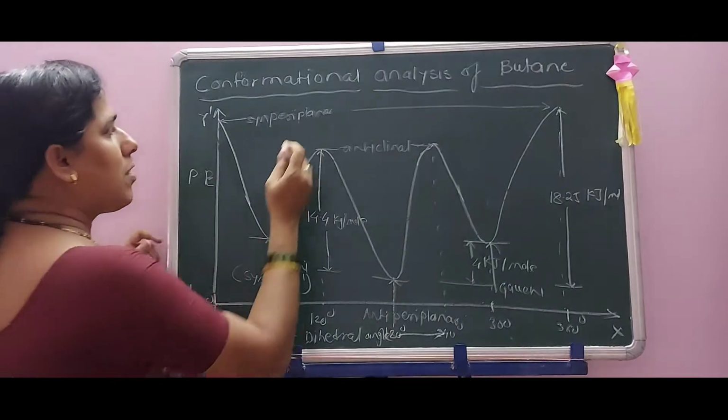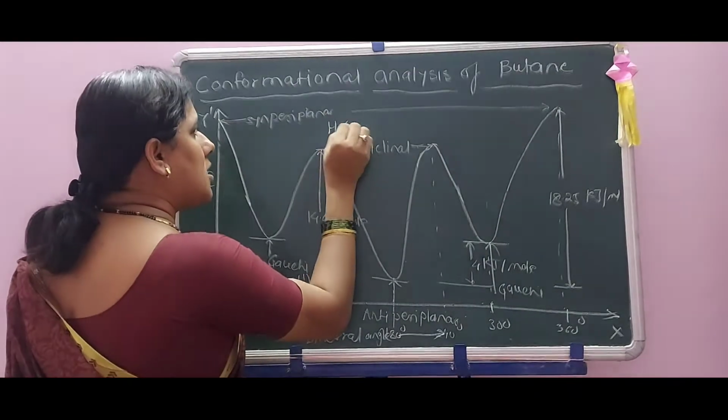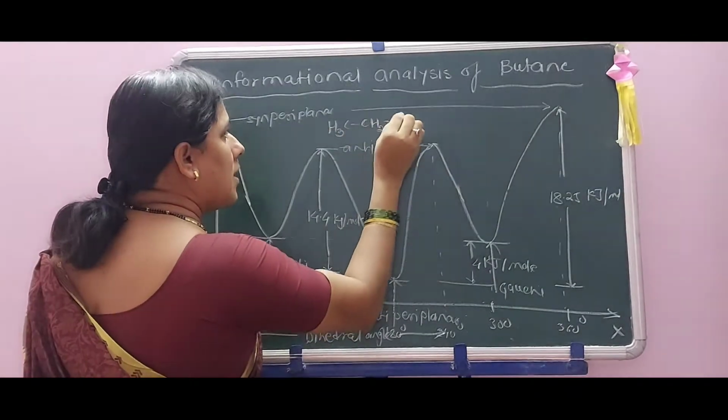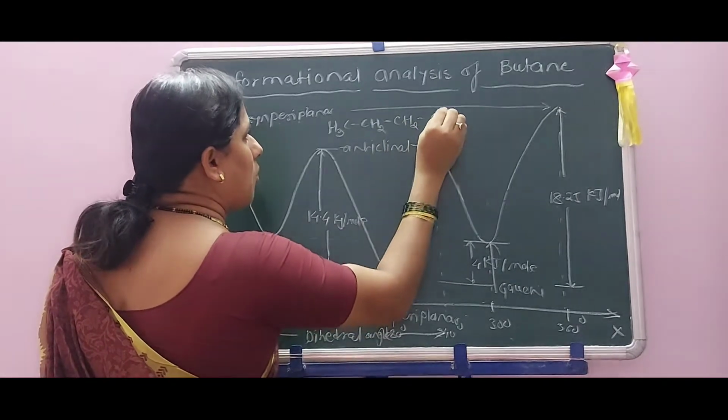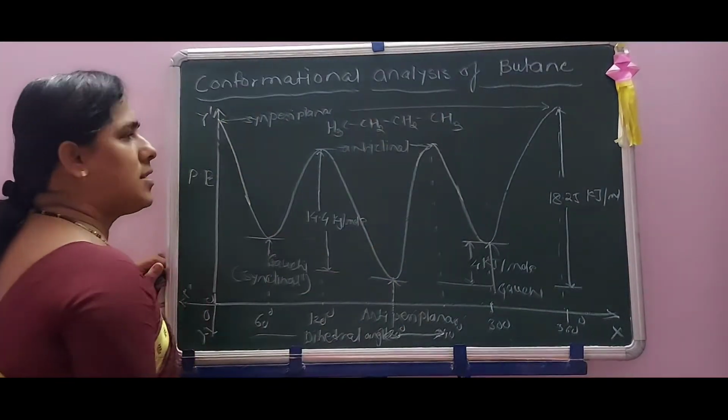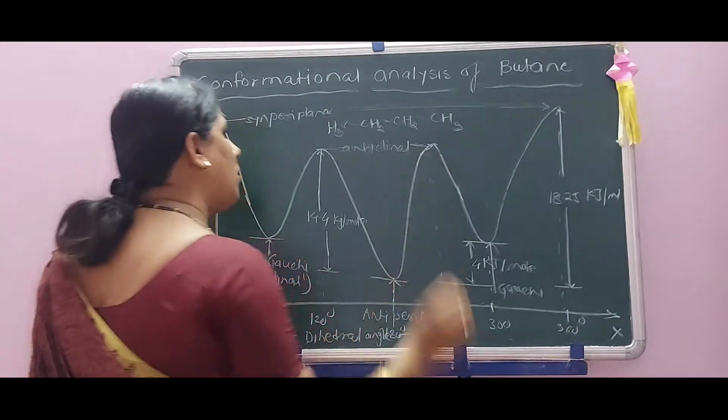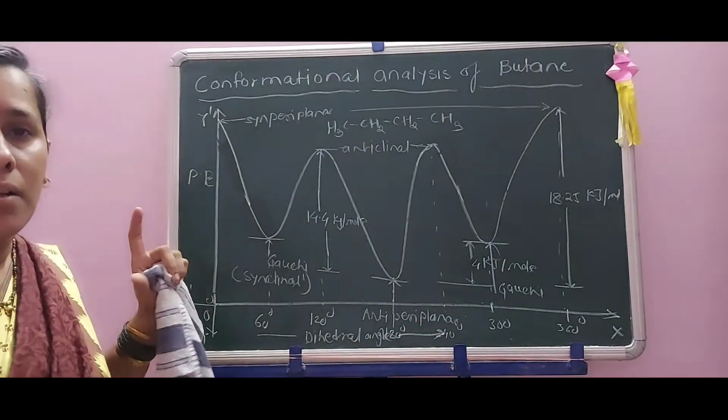Now what is the structure of butane? See here, CH3, CH2, CH2, CH3. This is the molecular formula of butane.